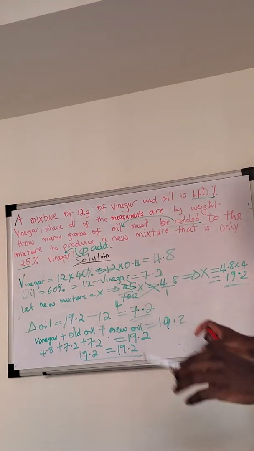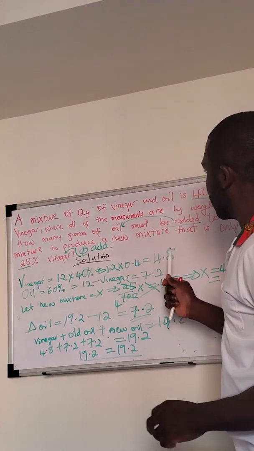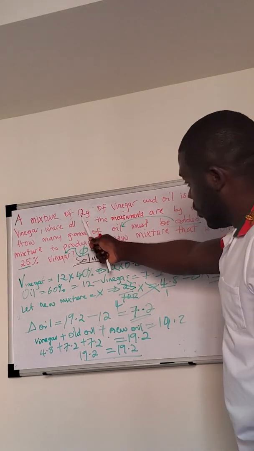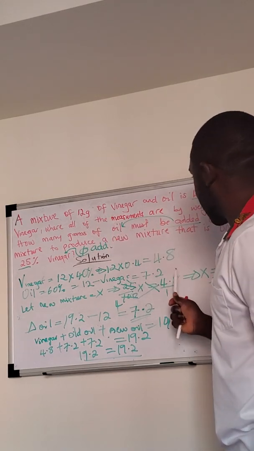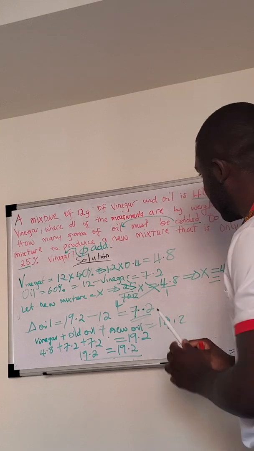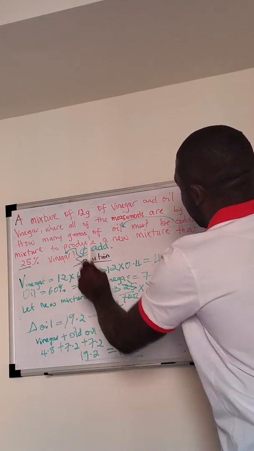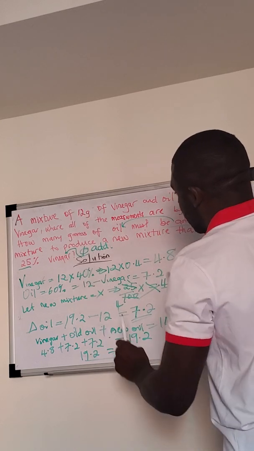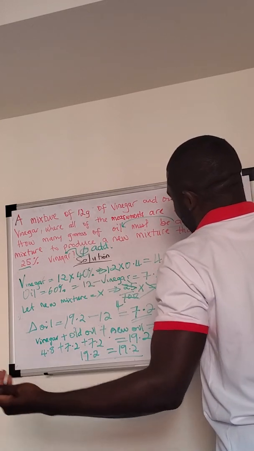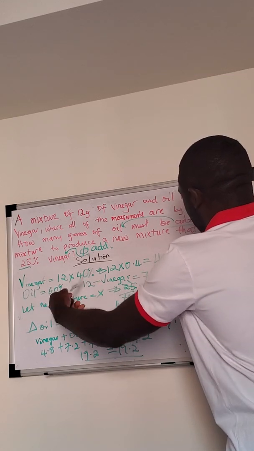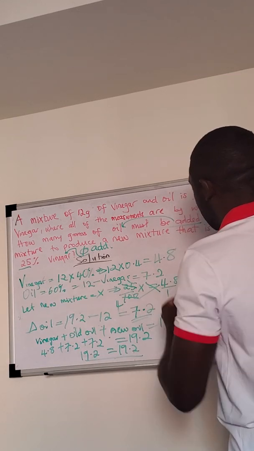So I'm just going to take a recap here. Remember that they said 40% of the previous mixture was vinegar, which is 4.8. Oil is 60% of that same solution, and a simple way of doing it is total minus one of the variables, since we only have two variables, which gives you 7.2.